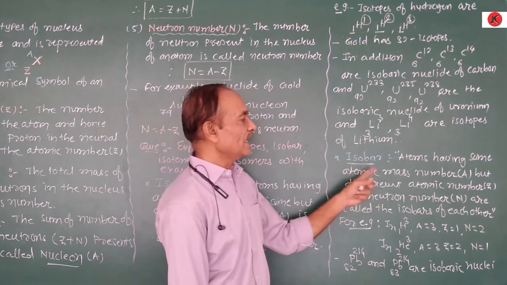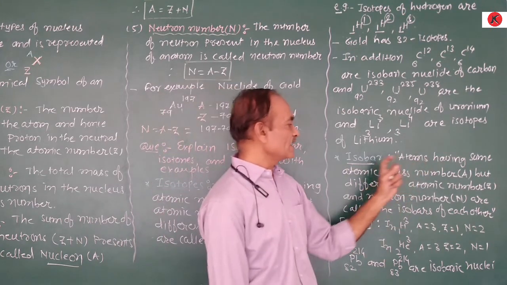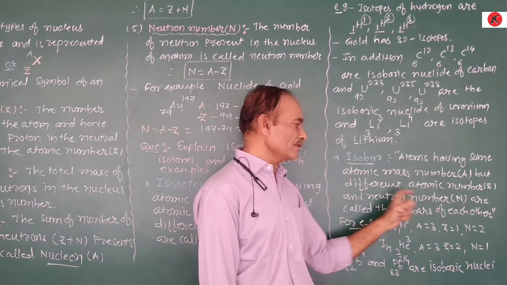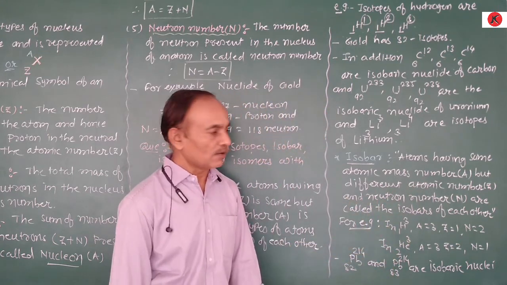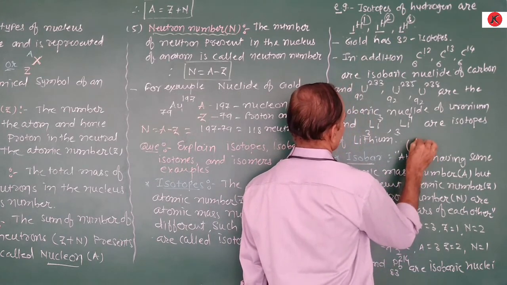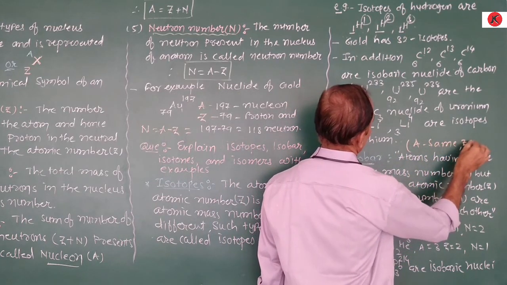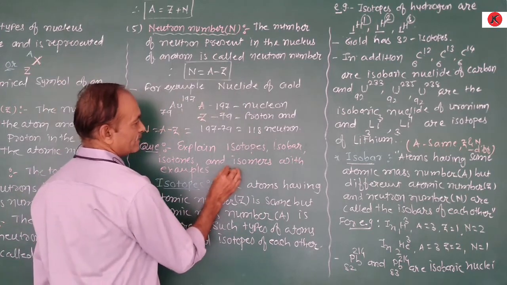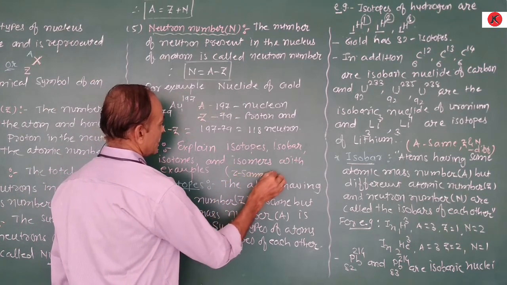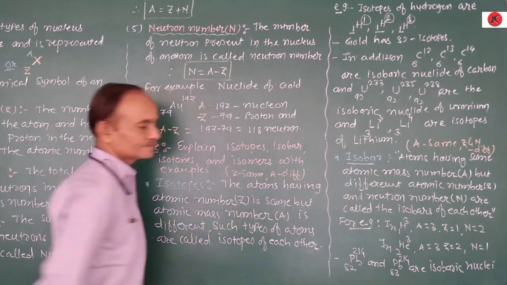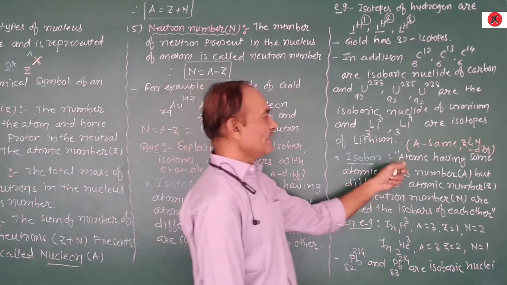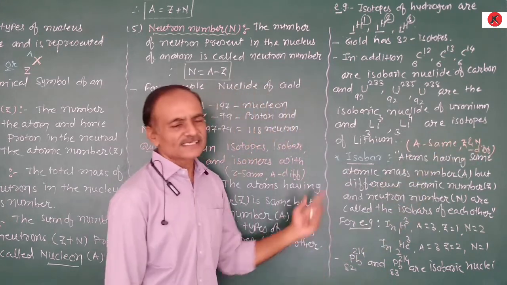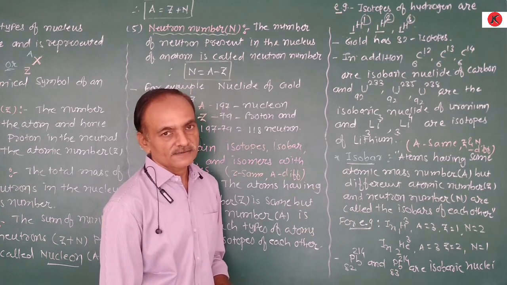Now in isotopes, Z is the same, A is different. Again, for isobars, the atoms having the same atomic mass number but different atomic number Z and neutron number N are known as the isobars of each other.